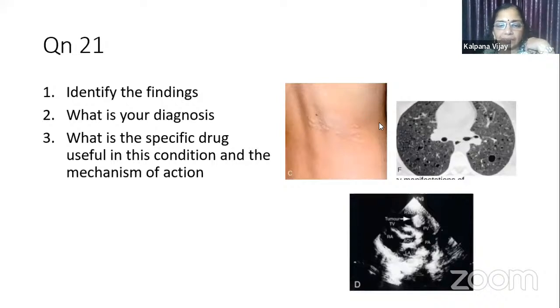Dr. Vikas has answered, it's a shagreen patch. So this is a shagreen patch, and there is also leiomyomatosis of the lung and cardiac rhabdomyoma. So what will happen to this rhabdomyoma?